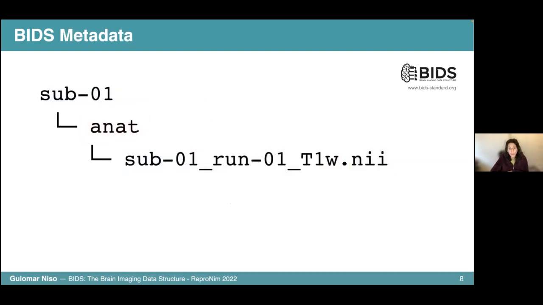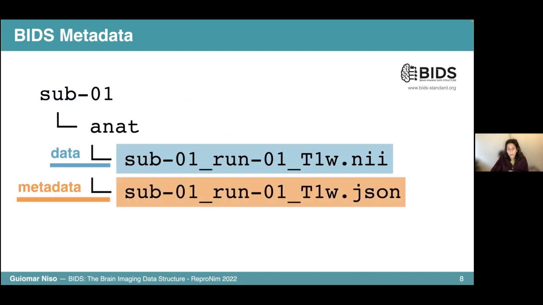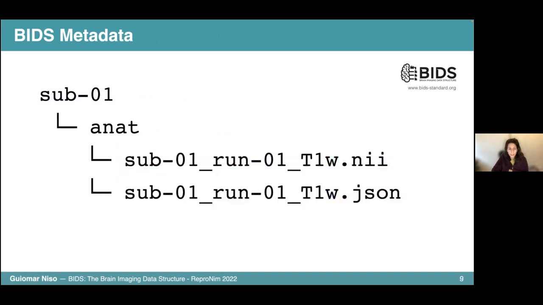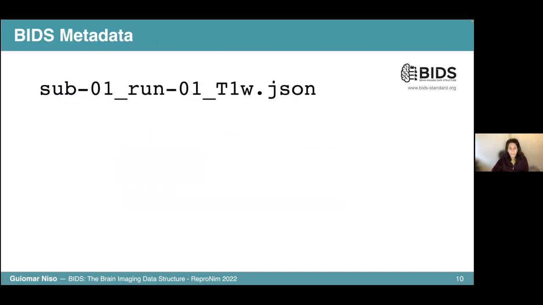Together with all this data, we have sidecar JSON files, which contain all the associated metadata linked to the data that we have just shown. It's organized in the same way, with the subject, entity, suffix, and extension. Metadata are always JSON files, which are easy to read for humans and machines.